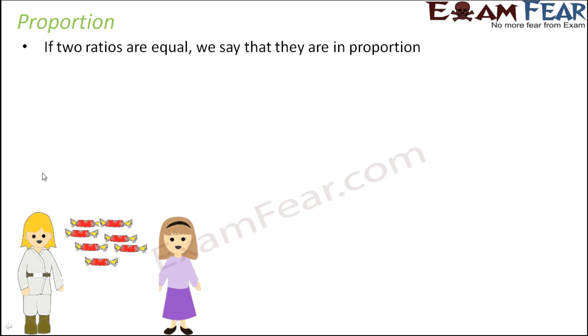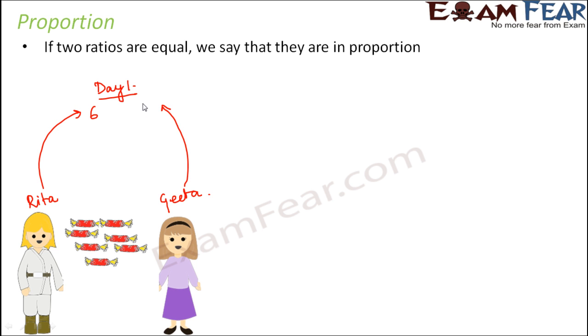Let me give you an example again. Let's say there are two girls, Rita and Geeta, and they have some number of toffees. Let's say that on two different days, day 1 and day 2, on day 1 Rita has 6 toffees and Geeta has 36 toffees.